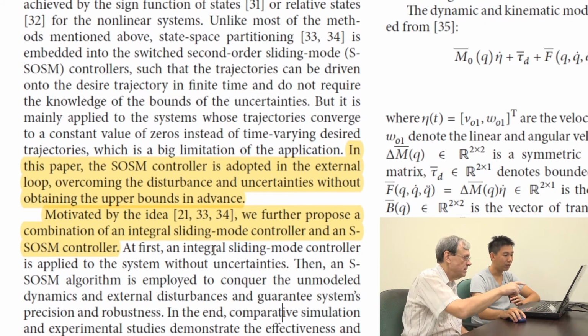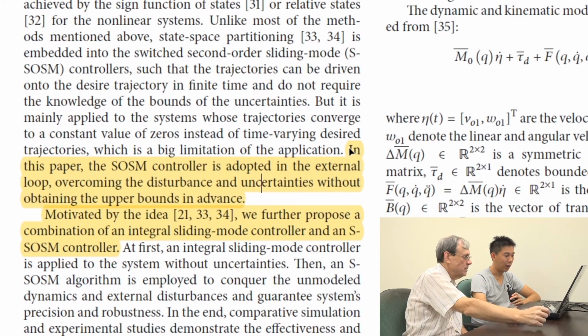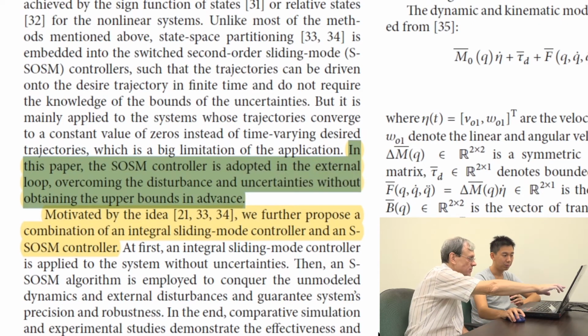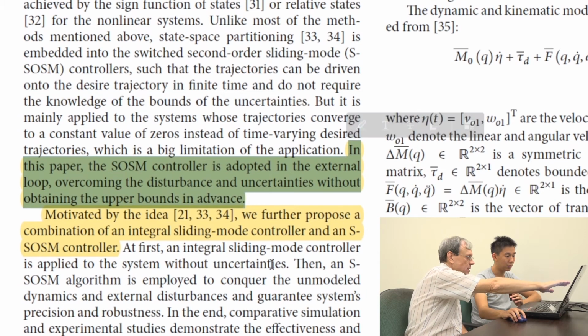Yeah. Okay. It says we further propose, so that implies there's an earlier goal as well. At this one. Okay, so first it says here that in this paper, the controller is adopted. So again, just as we found with Wendy's paper, this is in the middle of a paragraph.